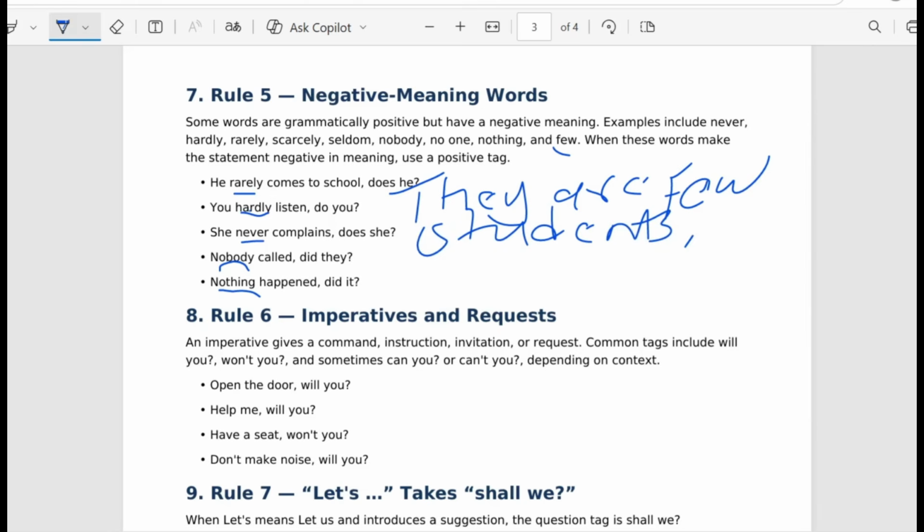So let us assume that was a statement. Remember few is also a negative word. So the tag is going to be are they? Are they? So few is a negative word also.